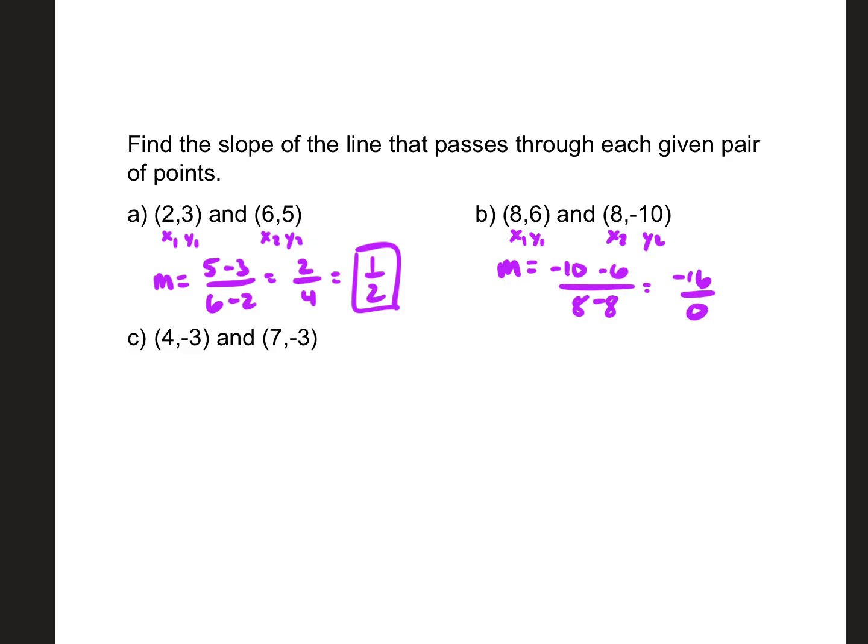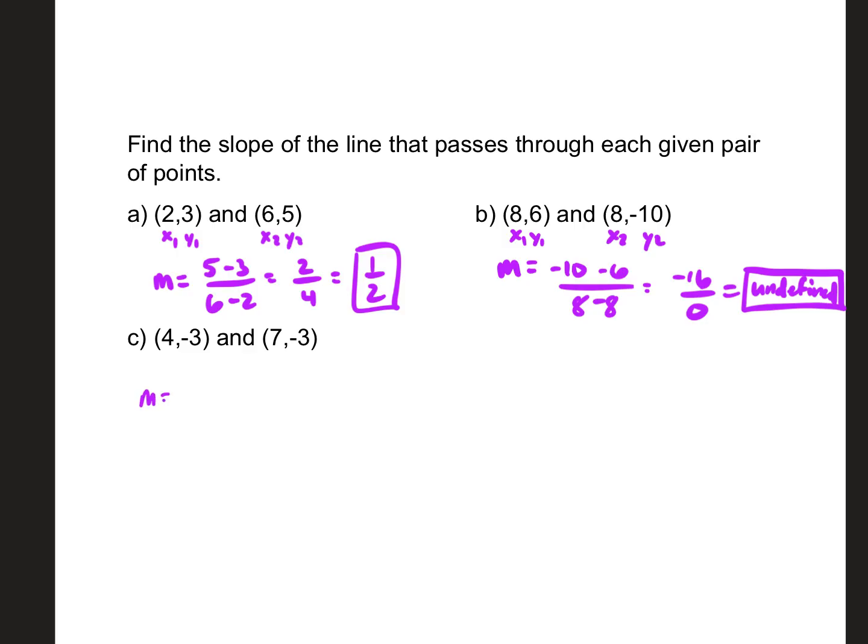Once you get these things, just remember when you're dividing by 0, this is a slope that is undefined. Your calculator is going to tell you error. Your calculator is going to tell you that it can't do it. But that is an undefined slope, dividing by 0.